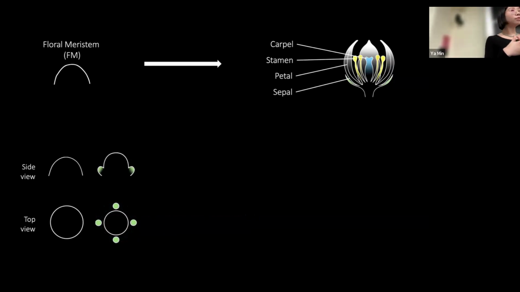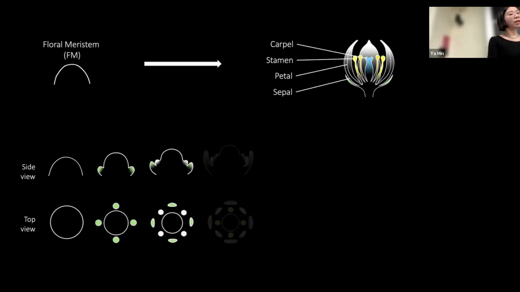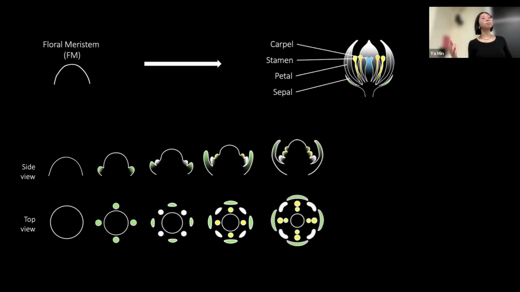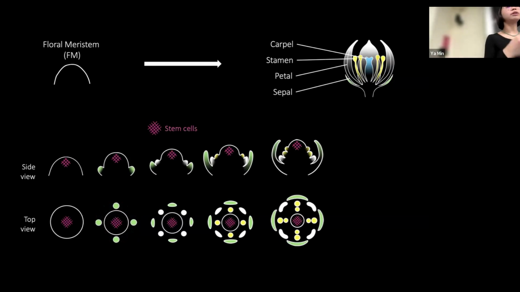Just now I mentioned that all the floral organs are arranged in very specific positions, and that's because they are produced in sequential order, with the outer ones being made before the inner ones. During this process of organ production, the stem cell activity inside of the floral meristem is maintained so that there is a constant supply of cells to make more primordia.